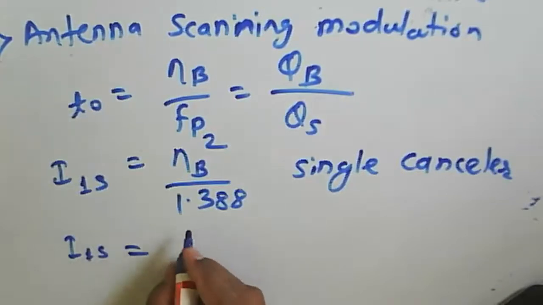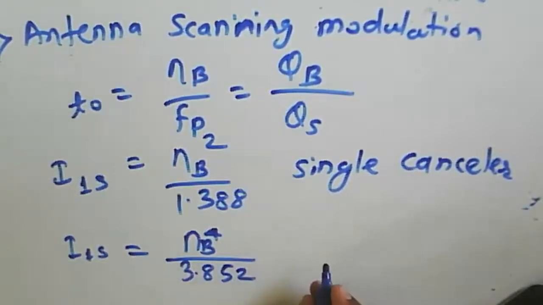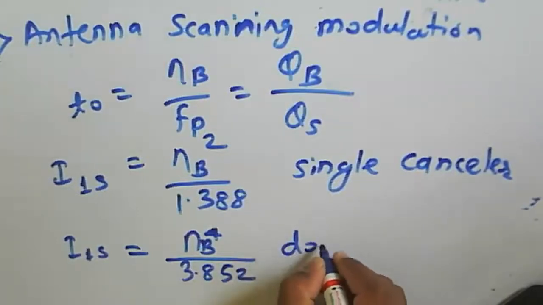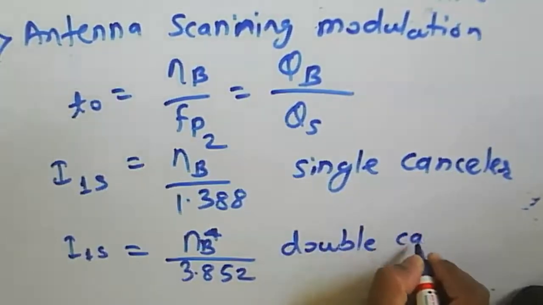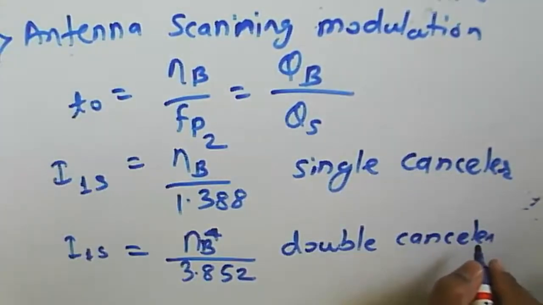I1S is equal to NB raised to 4 by 3.852, that will be for the double canceller. Okay, so we can consider that.